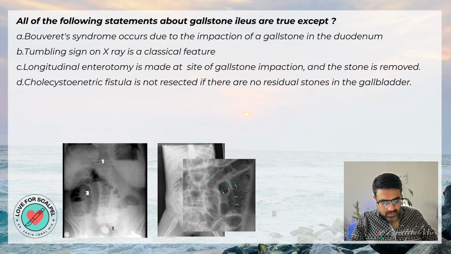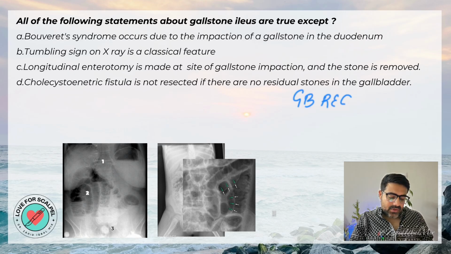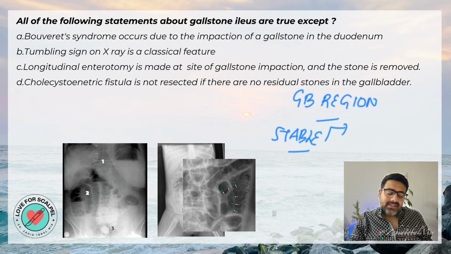Now one more important thing in gallstone ileus is whether to operate on the gallbladder region or not. If your patient is stable, you can manage the gallstone ileus, and along with that you can dismantle the fistula and manage the fistula as well. So you can do a single stage procedure.